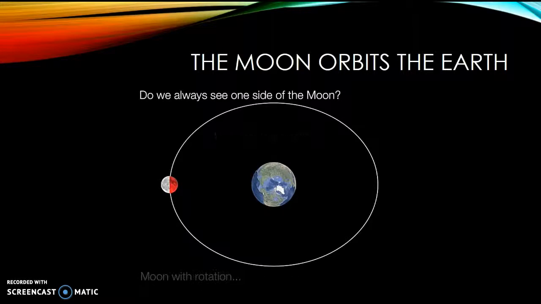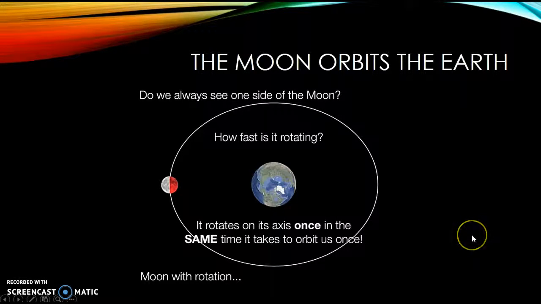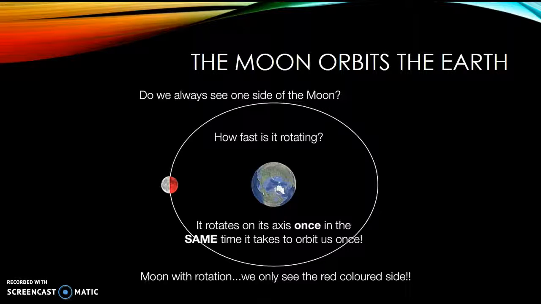Watch the red side now. The red side is staying toward the Earth the entire time. It orbits and rotates so that it does one full orbit and rotation at the exact same time.